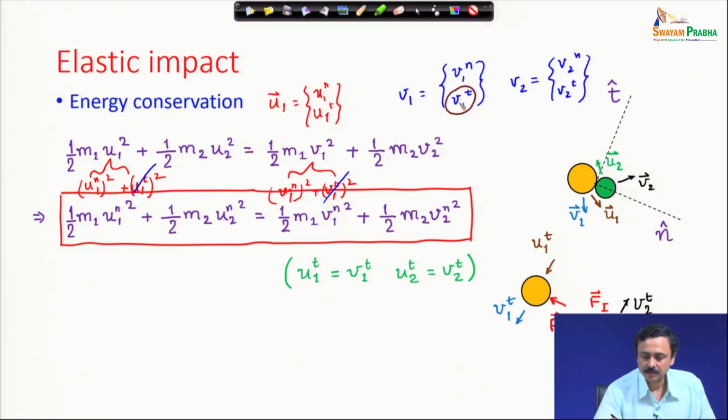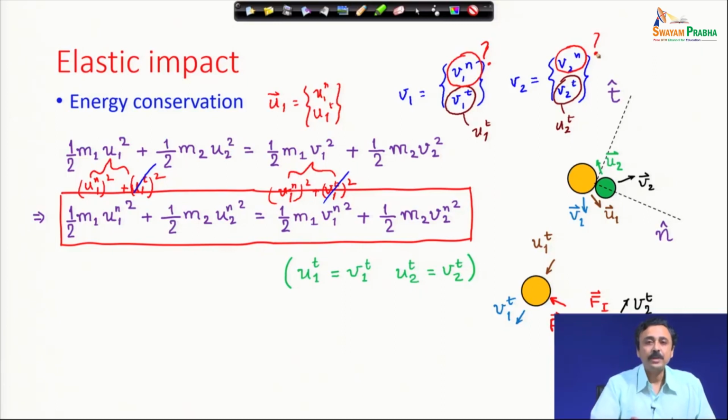This is equal to u1 tangential, which is specified, and this is equal to u2 tangential, which is also specified. Therefore, we are left with two unknown velocities: v1 normal and v2 normal. We have two scalar equations to solve for these two unknowns. Therefore, we should be able to do it.